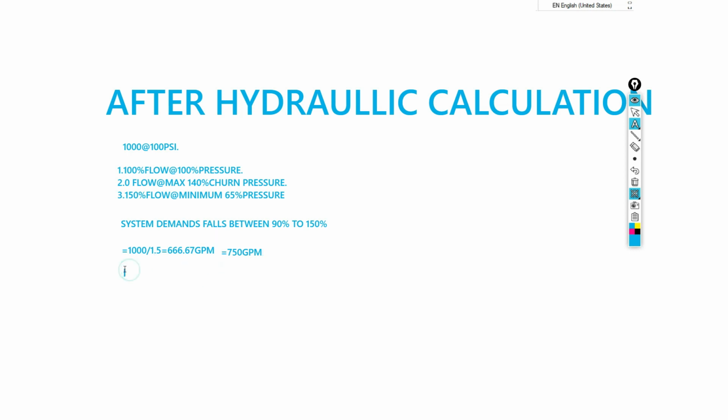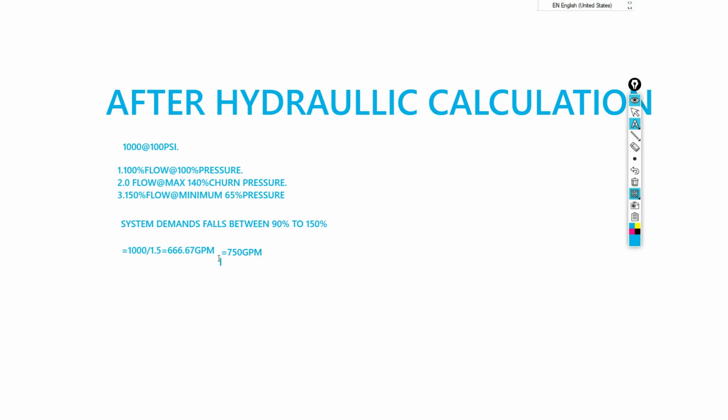What about pressure? The pressure we require here is 100 psi. So we will check that on 750 GPM. Firstly we should convert this as a percentage, since the system falls between 90% to 150%.